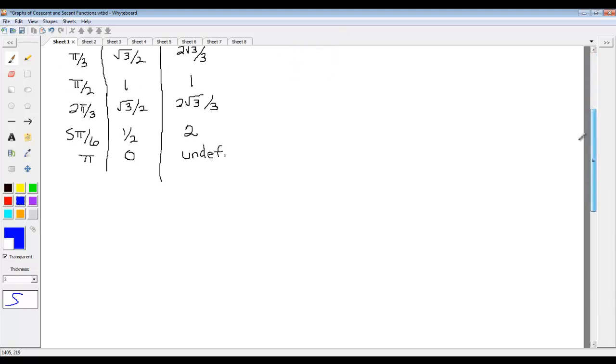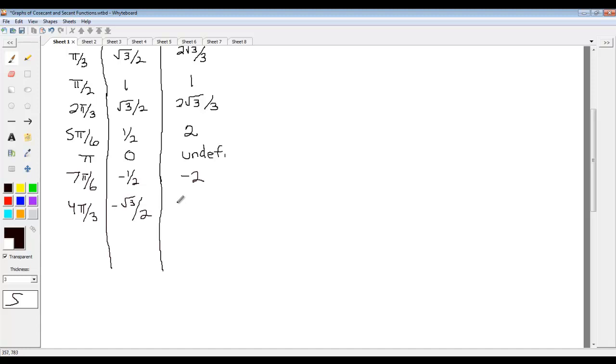Well, let's do some more values here and continue. Let's see what happens next. Right, 7 pi over 6, if you do the sine of that, you get negative 1/2. If you do the reciprocal for cosecant, you get negative 2. For 4 pi over 3, you get negative square root of 3 over 2 for the sine.